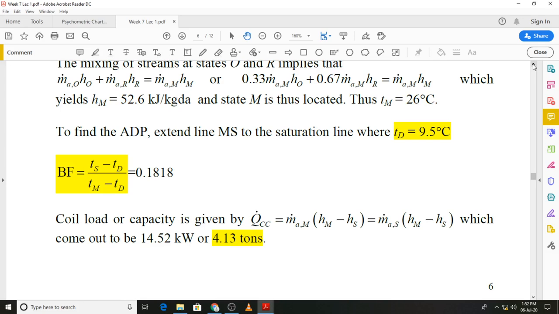And the outside air is much warmer and more humid compared to the recirculated air. That is, there is an additional load on the coil because of the outside air which is being cooled to the supply state. That is why the load on the coil will be greater than the space load.